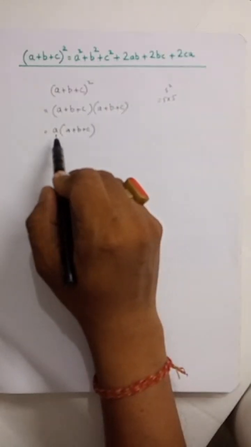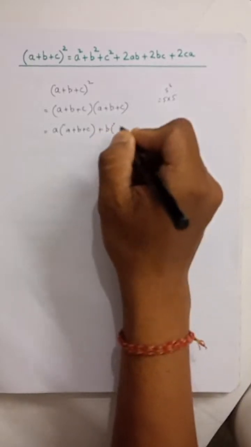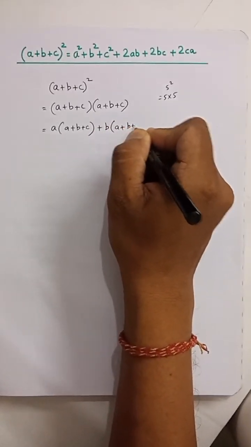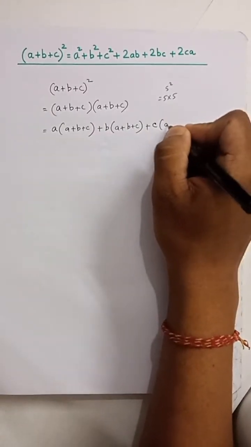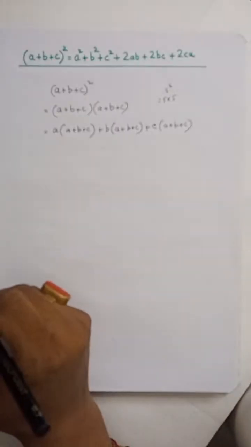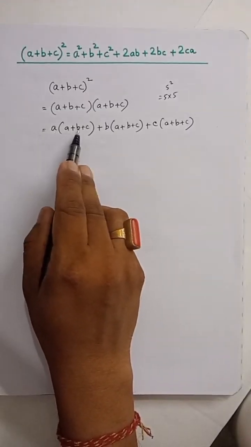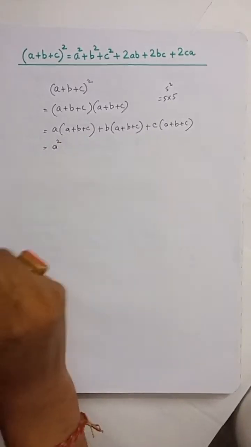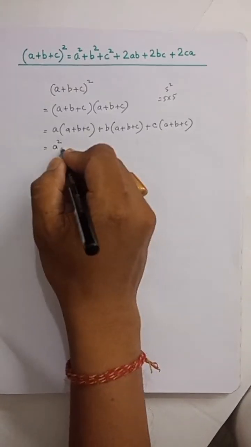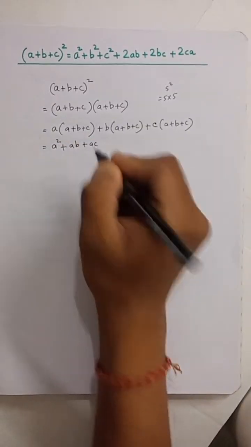So a into (a + b + c) plus b into (a + b + c) and c into (a + b + c). Okay, so we'll multiply each term a, b, c with a. So a into a is a squared, a into b is ab, a into c is ac.